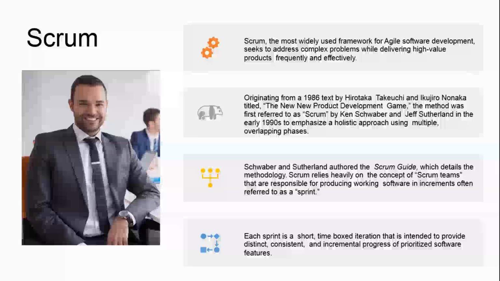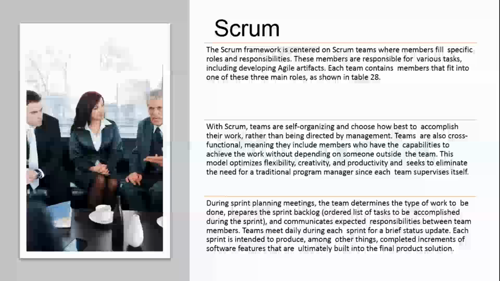Still on Scrum, this framework is centered on Scrum Teams, where members fill specific roles and responsibilities. These members are responsible for various tasks, including developing Agile artifacts. Each team contains members that fit into one of these three main roles, and that is shown in Table 28.